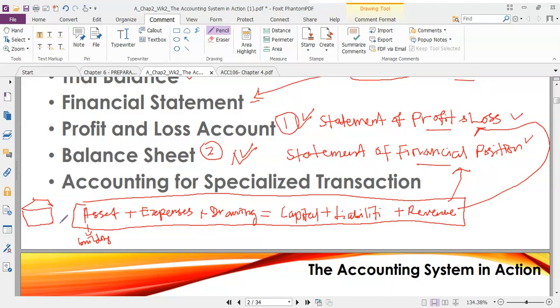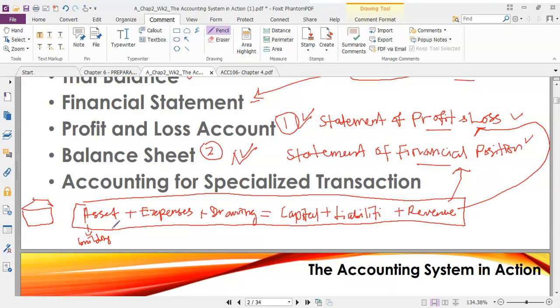Asset adalah barang yang kita punya, barang yang owner business to own, and then you be used for the rest of the business operation. So in order to get the benefit of it, kita gunakan resources tersebut untuk kita dapatkan revenue, hasil.